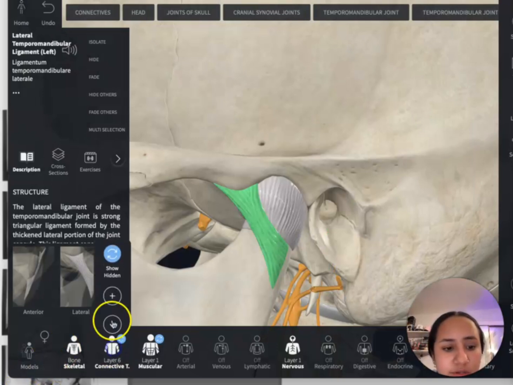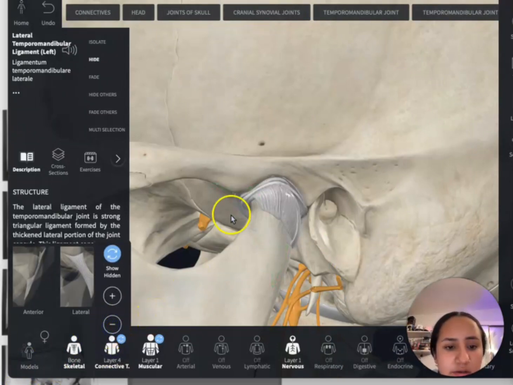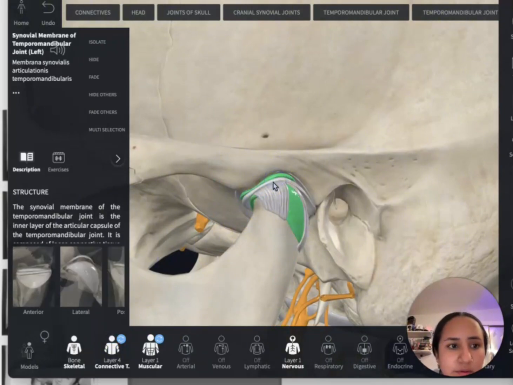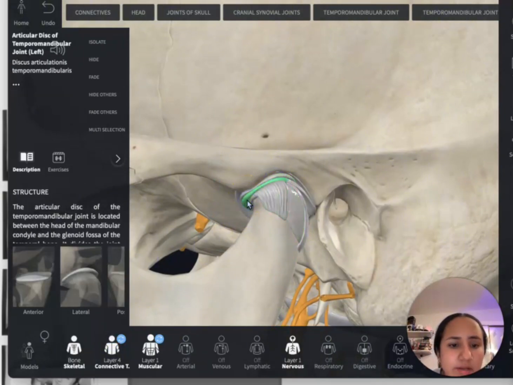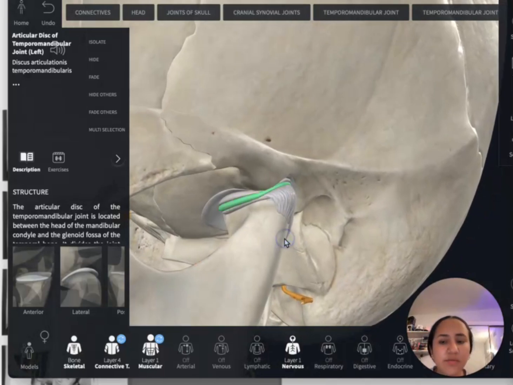Now we're going to go deeper inside these layers, and we're going to look in here. Right there and right there. This is the disc of the TMJ, the articular disc. This is just dense fibrous connective tissue. There are two parts to the shaping. There's the upper compartment, which allows for the gliding motion, and the lower compartment, which allows for the hinge motion.